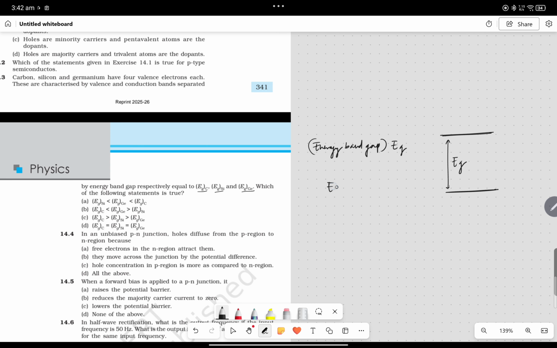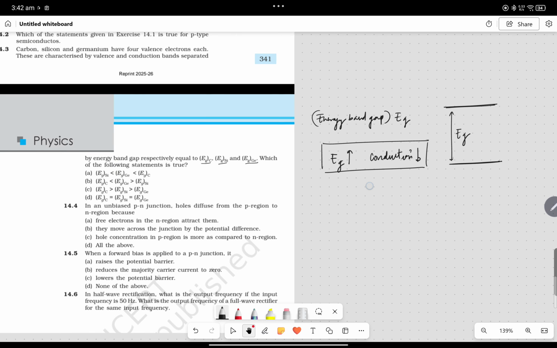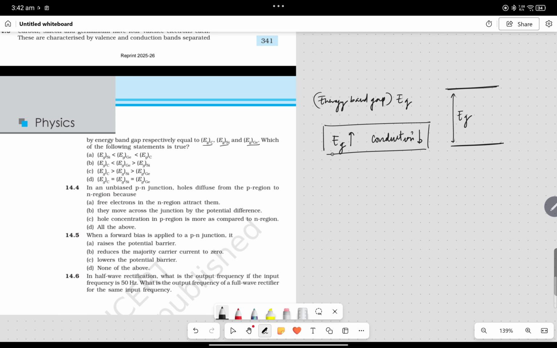If the energy band gap is larger, the conduction will be lesser, because the electron has to go to a higher energy for the transition from the valence band to the conduction band, right?